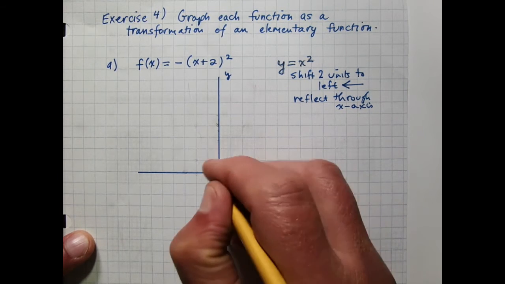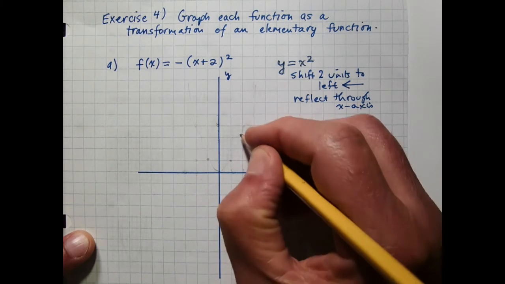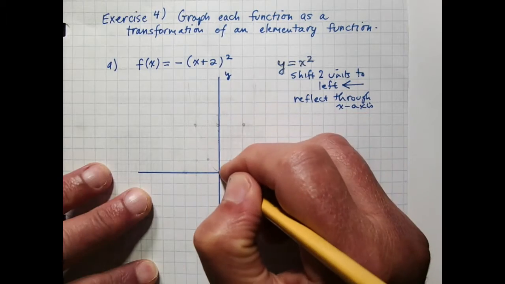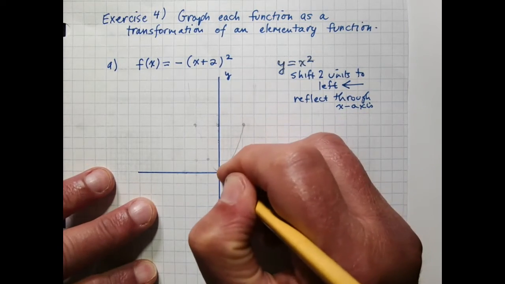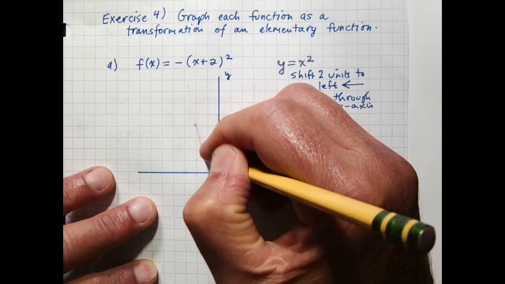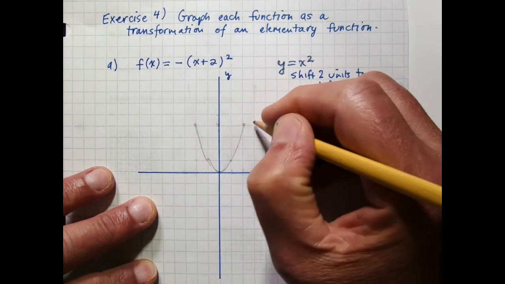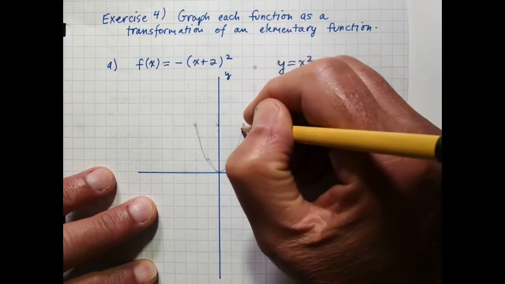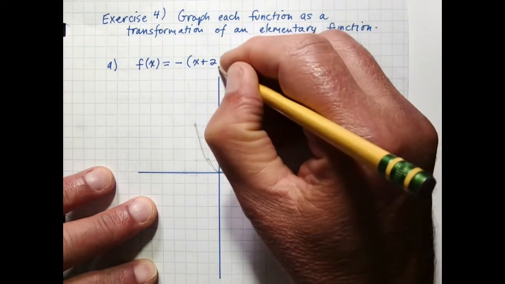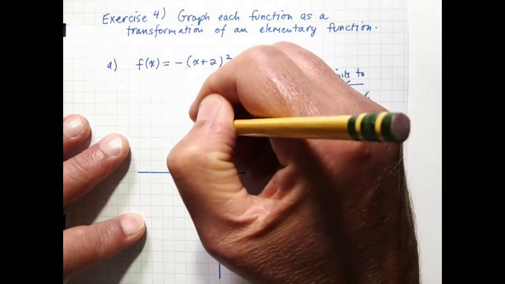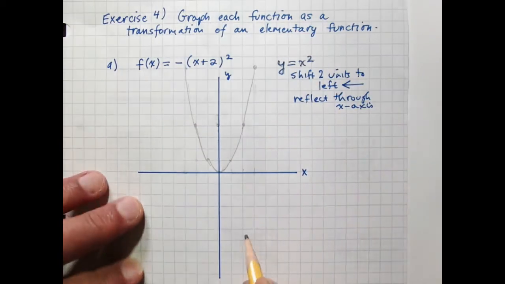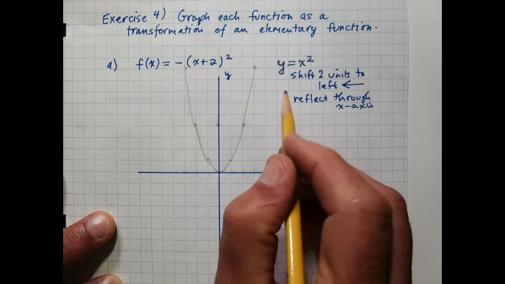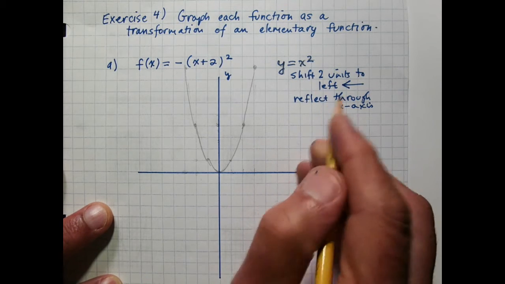I'm going to start out with just a basic parabola. There's 3, 9, and negative 3, 9. You don't have to be this precise with point plotting, but having a graph grid helps. Shift 2 units to the left.